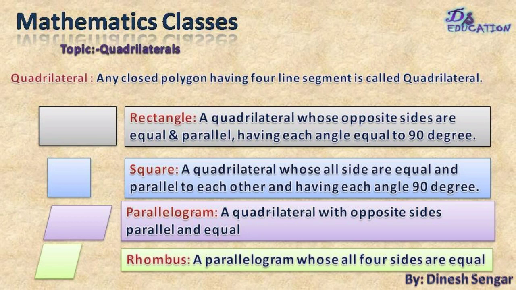There is no fixed value of the angles of a parallelogram. Moving to the rhombus, a parallelogram whose all 4 sides are equal. It looks like a parallelogram, but all 4 sides are equal to each other. These are a few descriptions of some quadrilaterals, which we will discuss in the coming lectures.